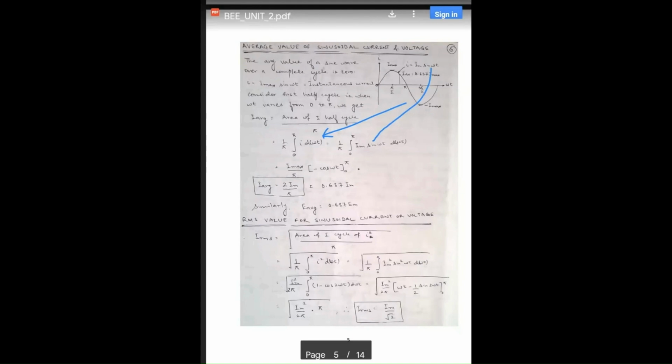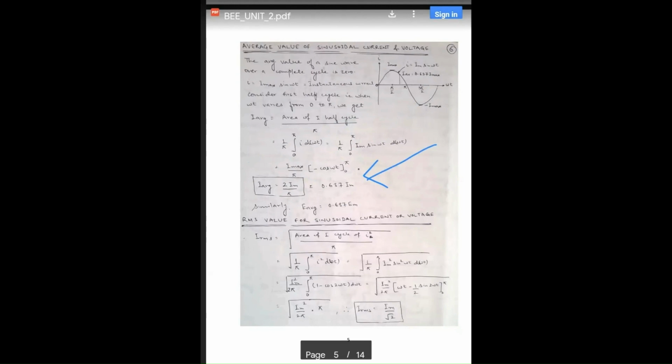So when we integrate, sin omega t becomes minus cos omega t. We apply the limits 0 to pi, and take the mean 1 upon pi to get the average value as 2 Im by pi. Okay, so this is for current.